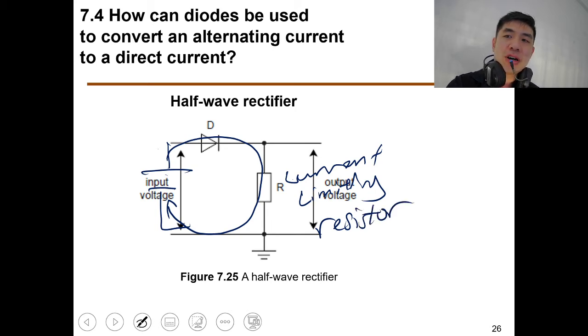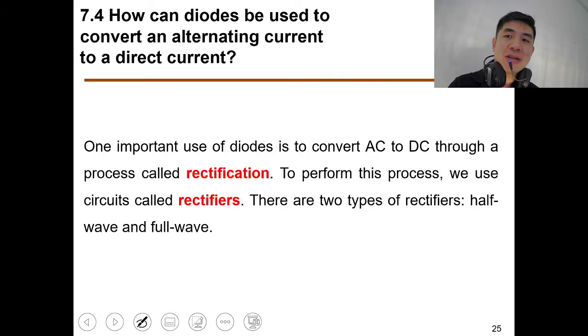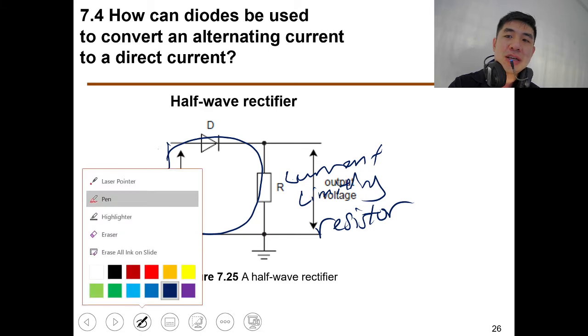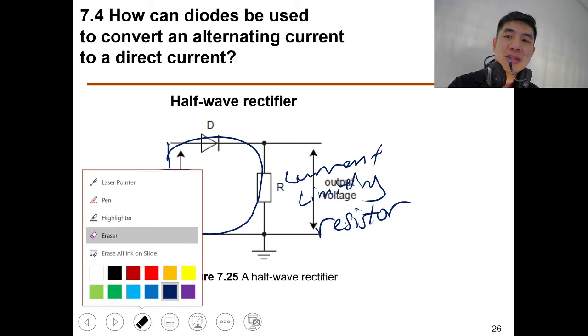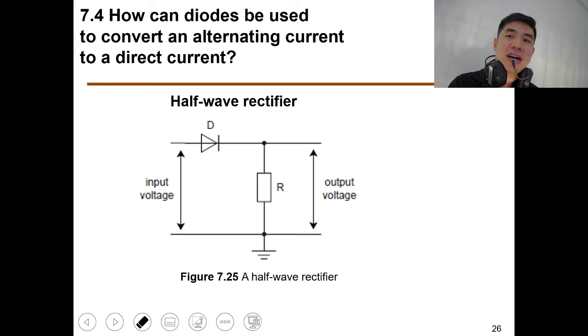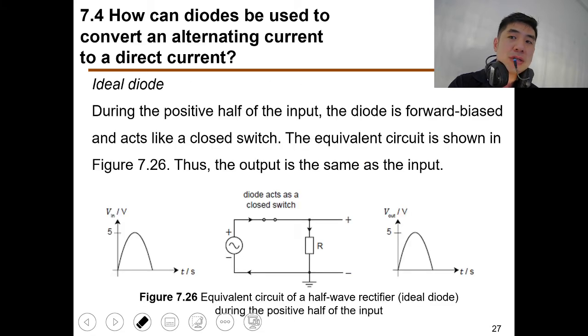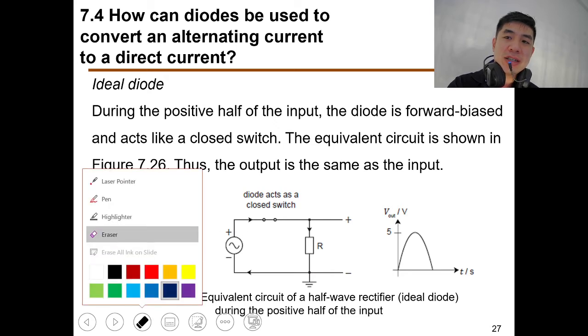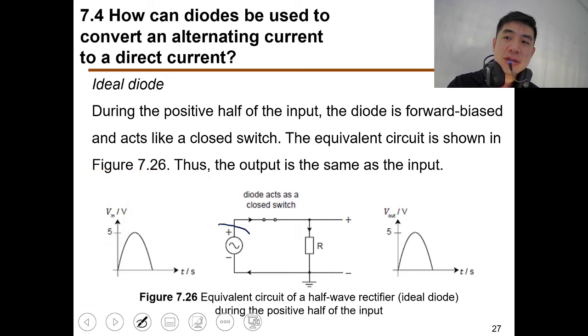When it goes across, if the input voltage is AC, you will have this impact. This is called a half wave rectifier setup. Let me erase all this first. Now we are using an AC source.